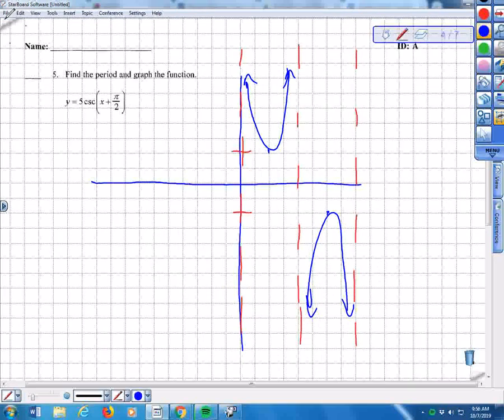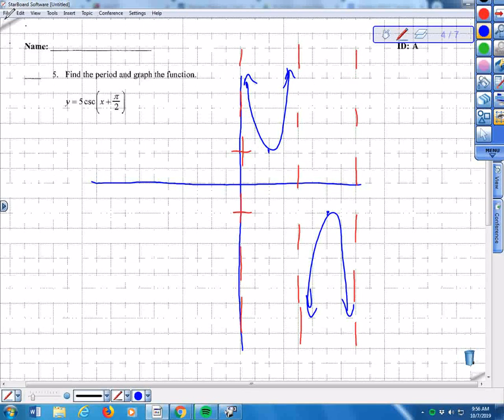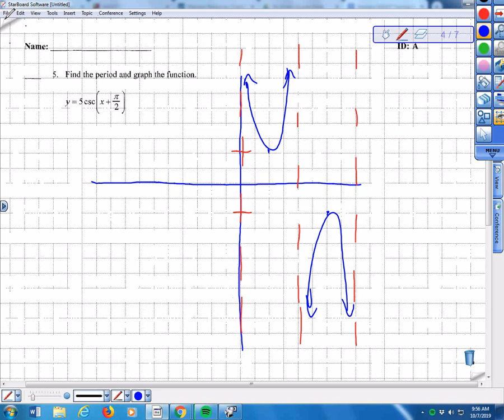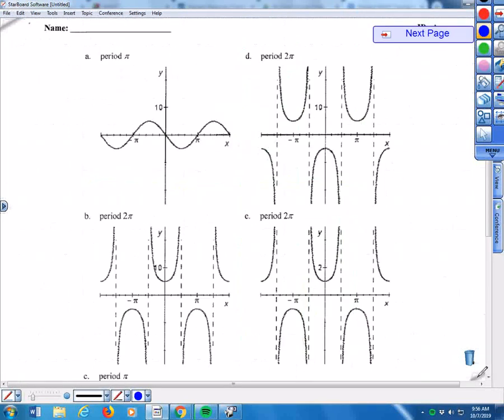So this new asymptote should be at negative pi over 2, pi over 2, right? But this one is also. So now the one that's going up should be the one that moved left. This one, the one that's going up, moved right. That one moved left, so B it is.